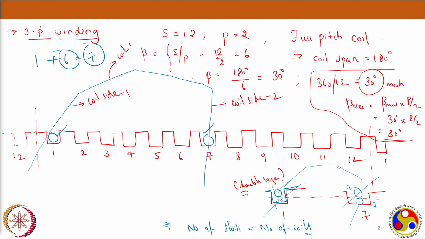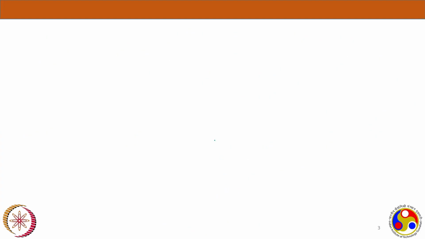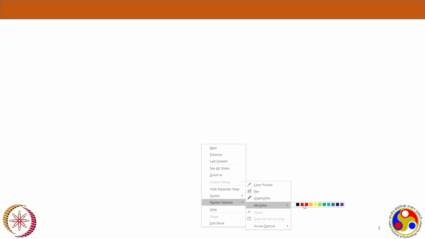Now let's see some key points before going into a winding diagram. Key points means key calculations that are important. These are easy only. So the first one I'm just writing it here.